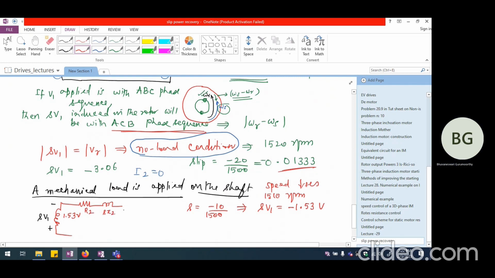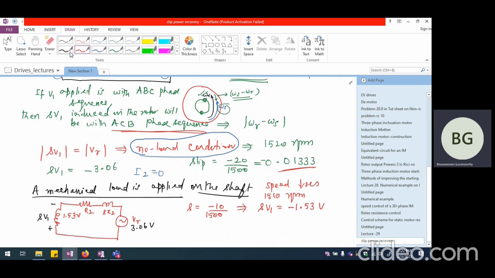Now we have VR here and VR value is still 3.06 volts. The voltage has not changed. And let me close this circuit completely. Now this is going to be plus and this is going to be minus still.